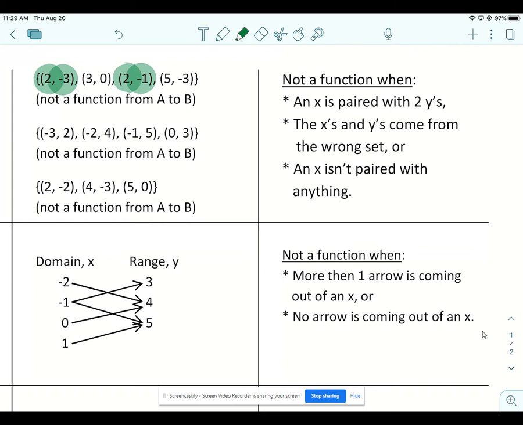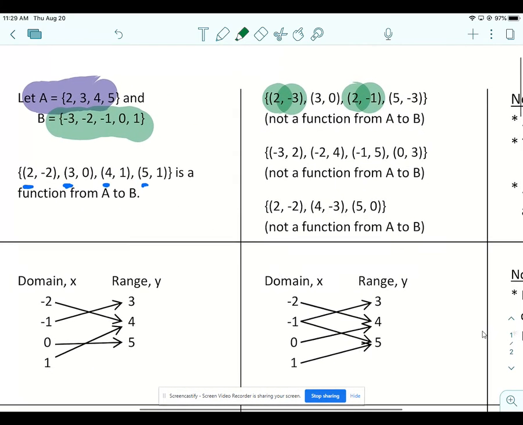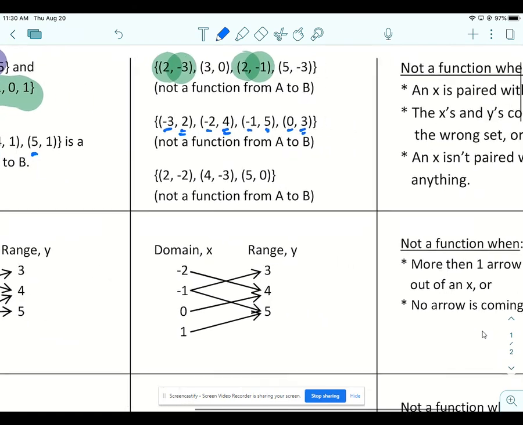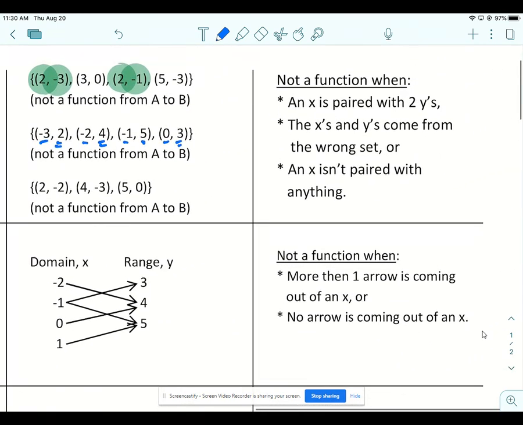All right. It could also happen that the x's and y's come from the wrong set. In this one, the x's have to come from A, so 2, 3, 4, and 5. On this example, the x's are actually coming from set B, and the y's are coming from set A. So it's not a function from A to B. And then the last case when it wouldn't be a function could be when an x isn't paired with anything.